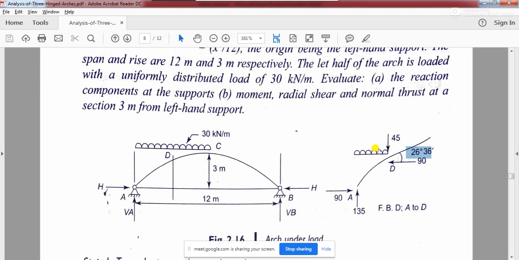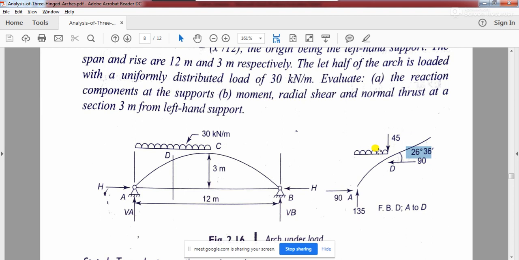So you need not bother about the formula. You should only bother about drawing the correct free body diagram, from where you should be able to find the direction of the horizontal and vertical forces, or the final resultant forces acting at the particular point where you are asked to find the normal thrust and radial shear.